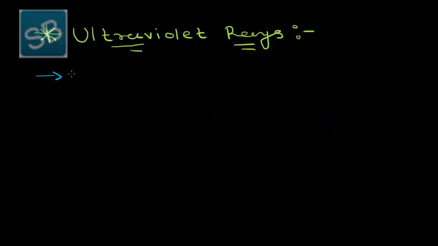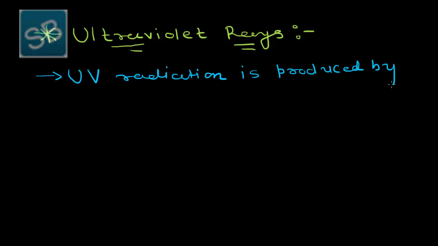Ultraviolet rays. The radiation of ultraviolet, also known as UV radiation, is produced by special types of lamps and very hot bodies.